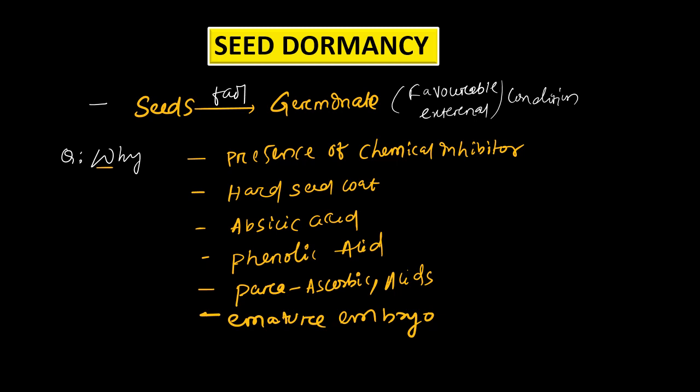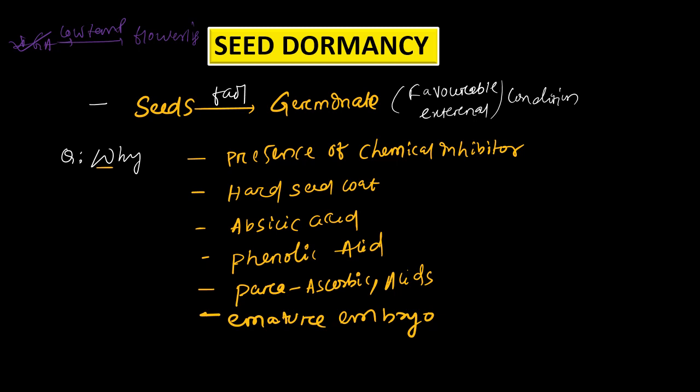One thing I missed about vernalization: it can be done through one of the hormones known as gibberellic acid. Gibberellic acid helps in flowering at low temperature. Remember, gibberellic acid GA acts in place of low temperature and helps in flowering.